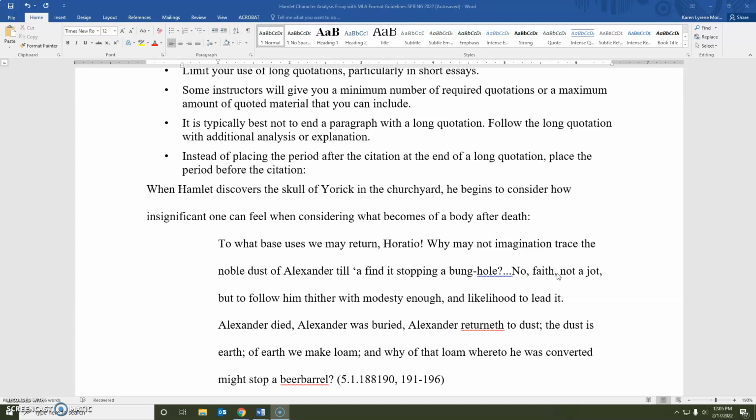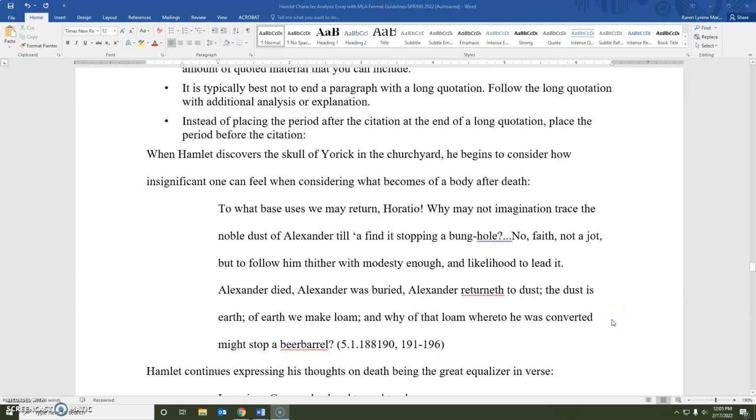So the general rule is for every 3 lines you have quoted, you should have 7 lines that are your own writing, expressing your own ideas or reacting to what you've quoted in some way, so that your essay is 70% your own words. Okay, so make sure you pay attention to focusing on your explanations and reactions and contributions to the discussion. Don't just string a bunch of quotes together and call it a day.